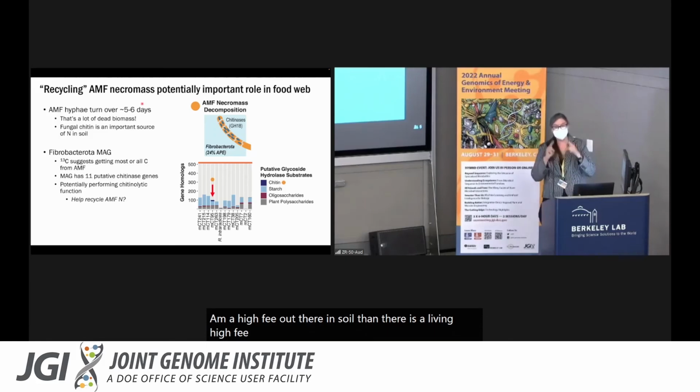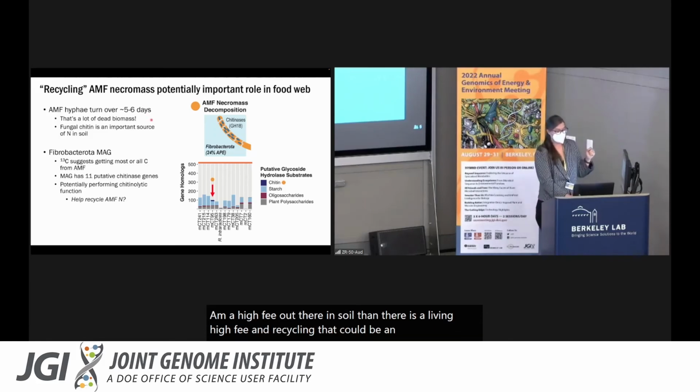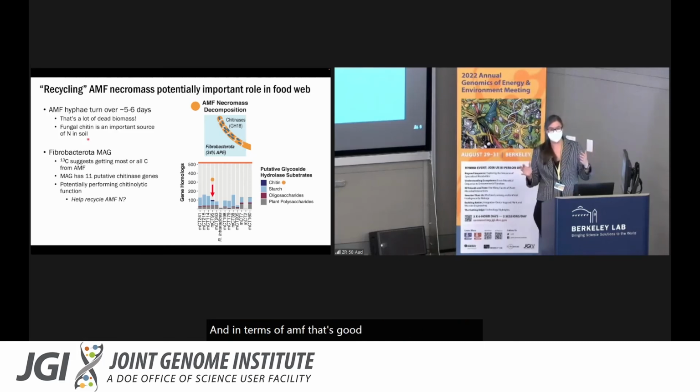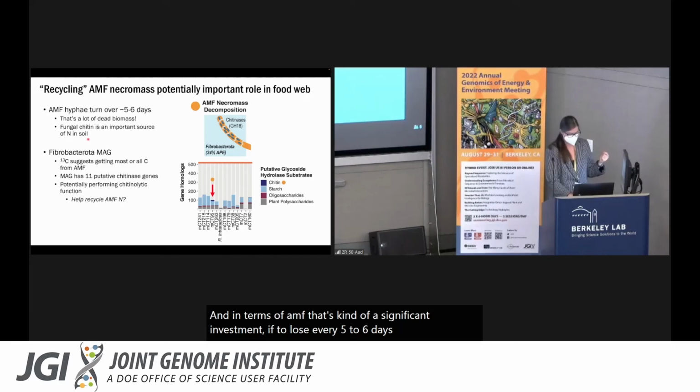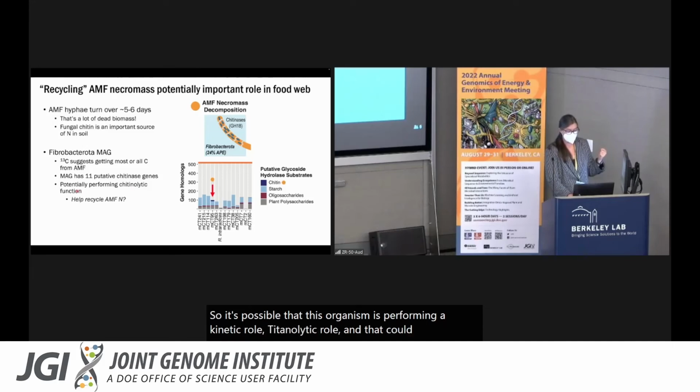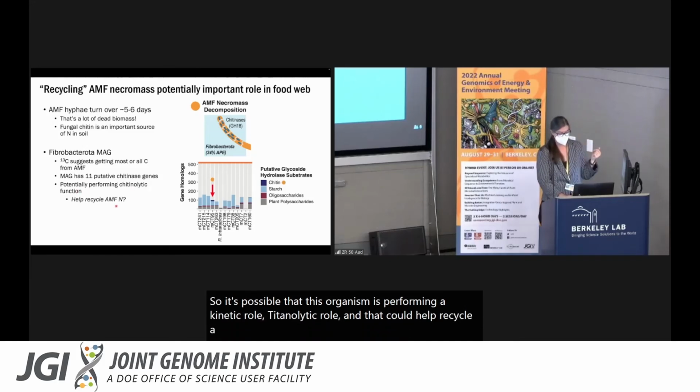Recycling that could potentially be an important source of nitrogen to the system. And for AMF, that's a significant investment to lose every 5 to 6 days. So it's possible that this organism is performing a chitinolytic role, and that could help recycle AMF nitrogen.